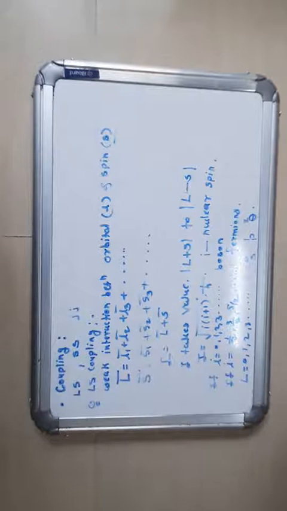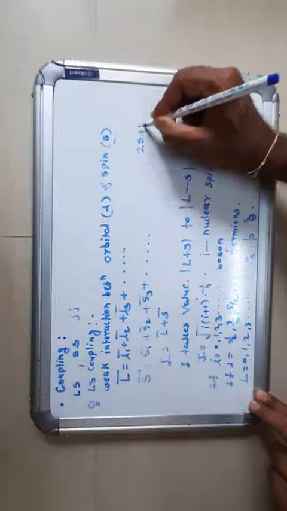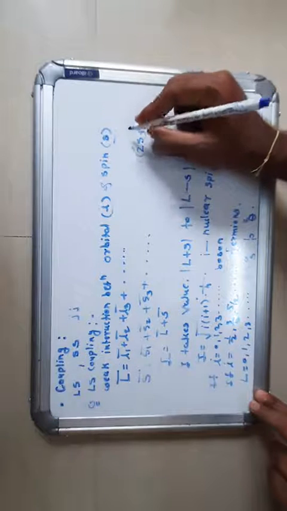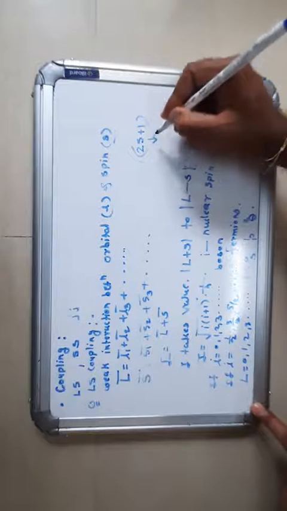Then the quantity 2S plus 1 is called the multiplicity. This is very important. 2S plus 1 is the formula of the multiplicity.